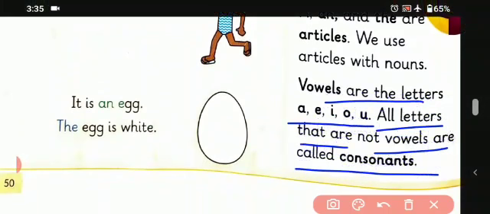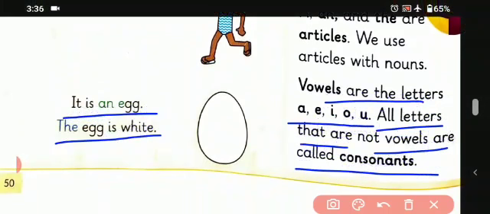So students, we have learned earlier also a, e, i, o, u are the vowels, and the consonants are the ones left after these alphabets. That is, it is an egg. So egg starts with a vowel. Okay students? But the egg is white. So in this line, the egg is being denoted as white. Okay students? That's why we are using the egg.